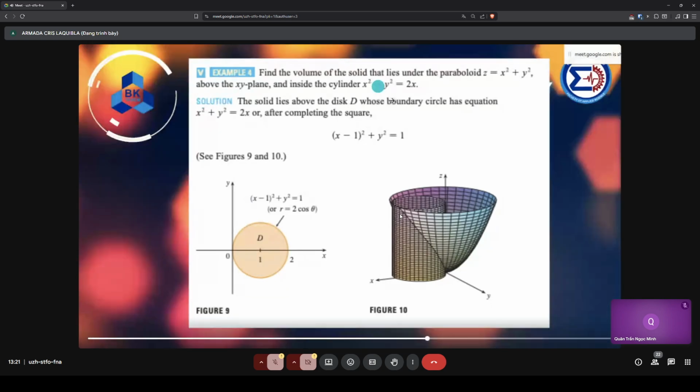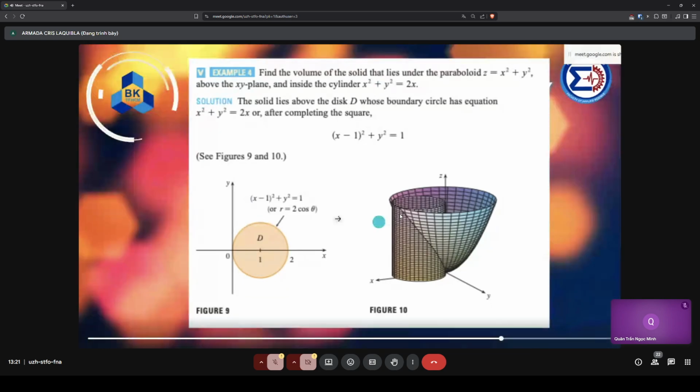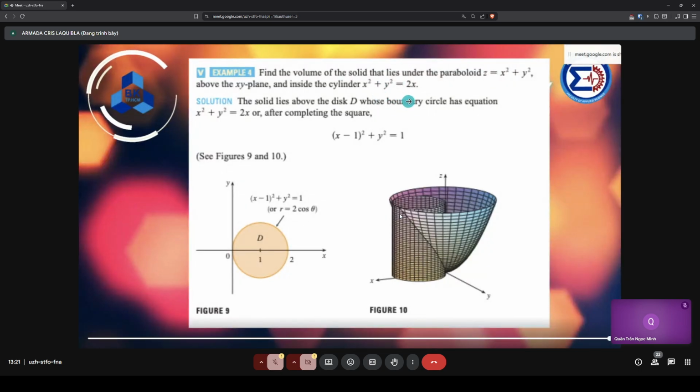Okay, so what we are going to do first is we get this x squared plus y squared is equal to 2x. Now we do completing the square. We graph this, because it says it's inside this cylinder.